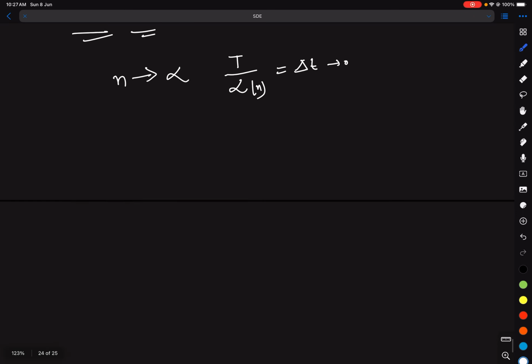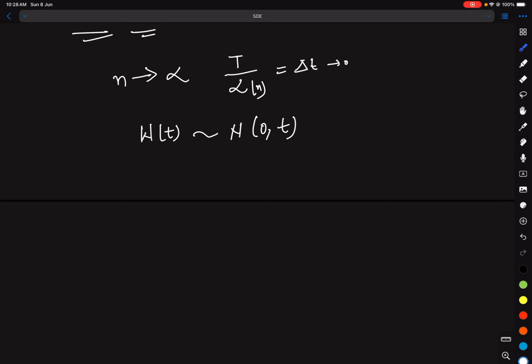By the central limit theorem, the sum of many tiny random steps, scaled appropriately, looks like a normal distribution, right? So for the continuous case we can write that W of t follows a normal distribution with mean 0 and variance t.